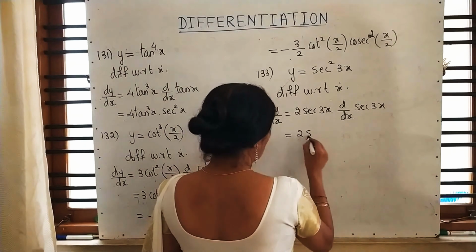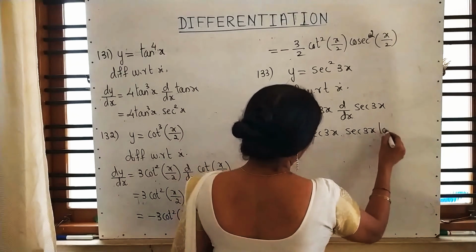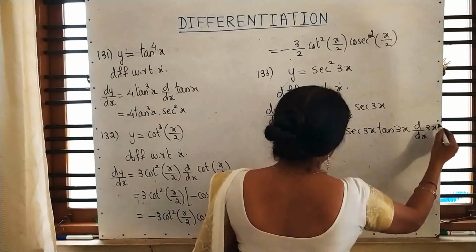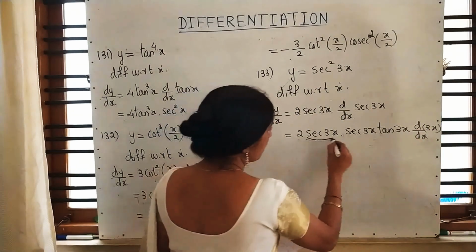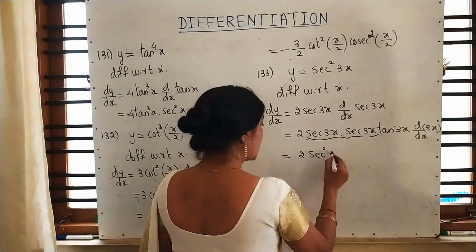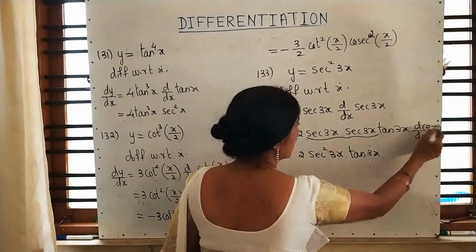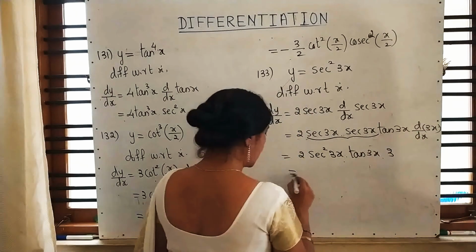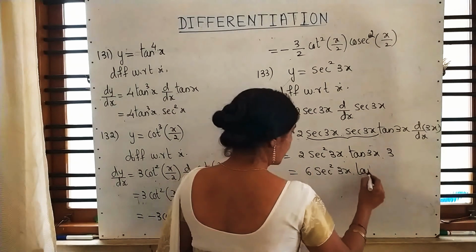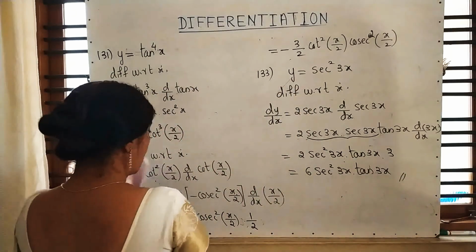Differentiation of sec is sec into tan. And here we are differentiating the angle because it is other than x. These two trigonometric terms are the same, so it will be written as 2 secant square 3x into tan 3x. Differentiation of 3x will be 3. That is nothing but 6 secant square 3x into tan 3x.